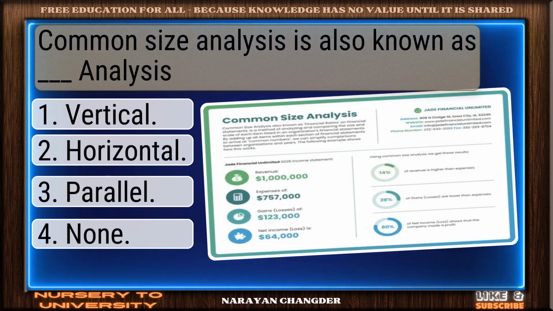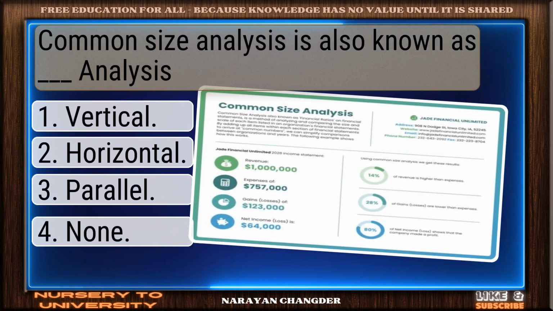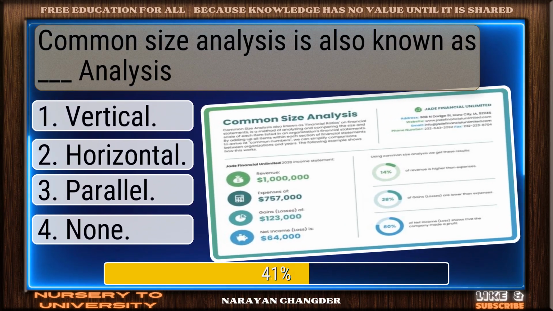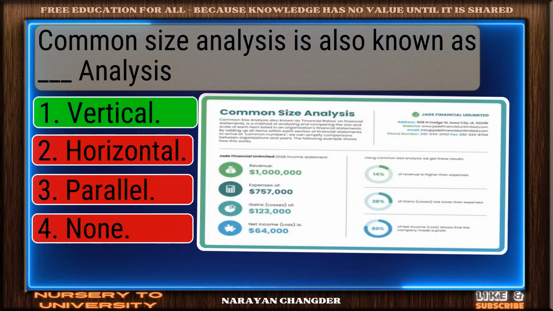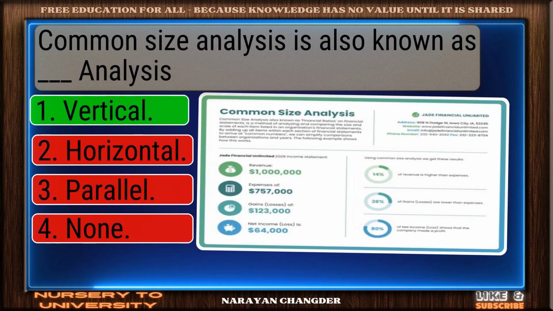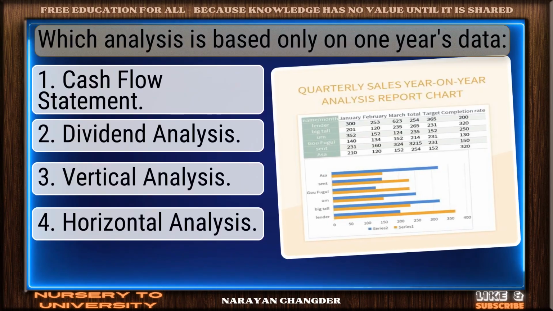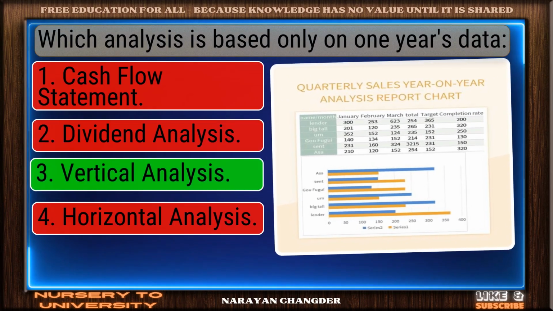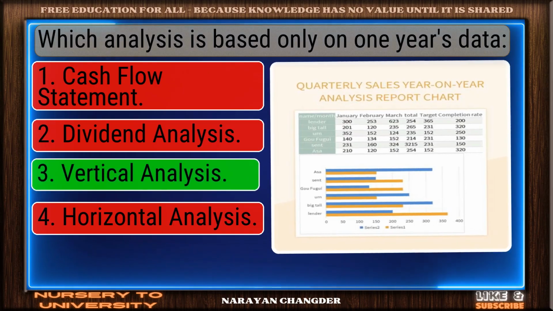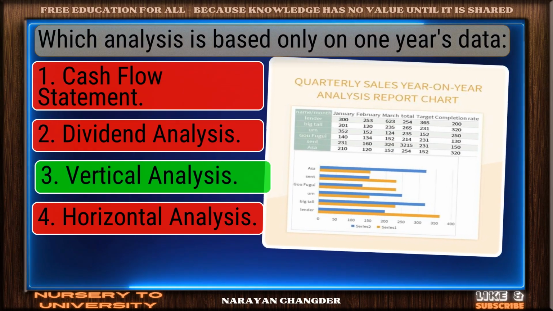Common size analysis is also known as dash analysis. Great thinking. Vertical is the right choice. Which analysis is based only on one year's data? Great job. Vertical analysis is the accurate answer.